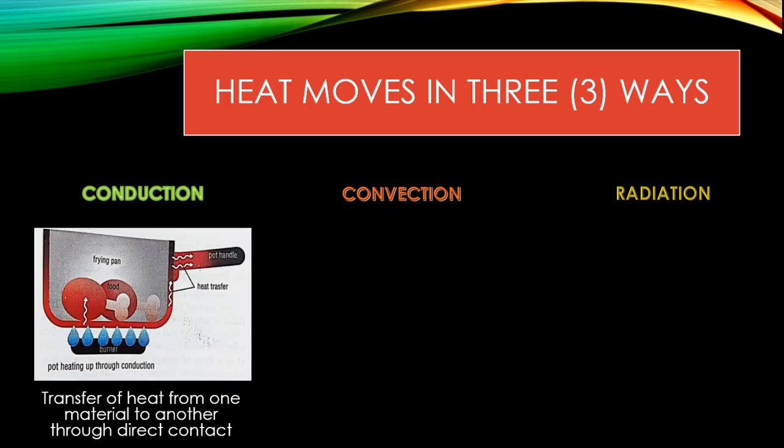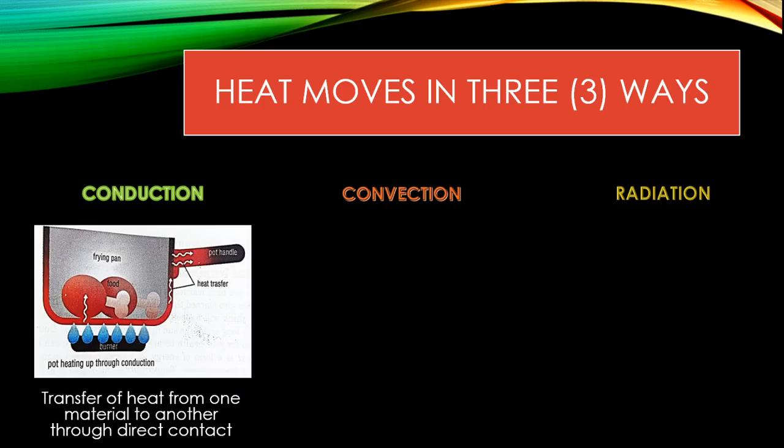Example: a pot heating up through conduction. Do you watch your mother or father cooking? Have you seen them hold the handle of a pot using a pot holder? The handle is not in direct contact with the flame. However, your mother or father still needs to protect his or her hands when holding the handle so that they will not get burned.